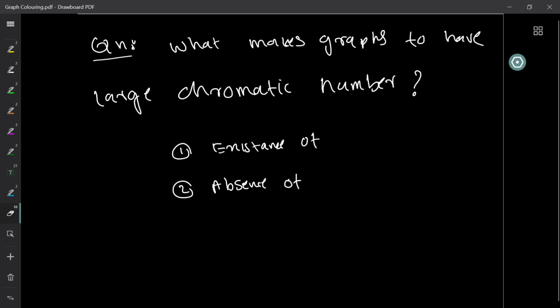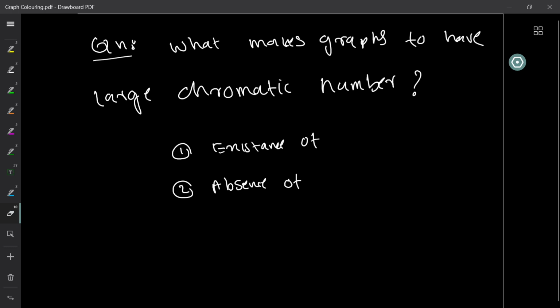So now one question is, what makes the chromatic number of a graph large, right? So we already saw that if you have a very large clique sitting inside, a very large complete graph sitting inside, then the chromatic number becomes naturally large, right?